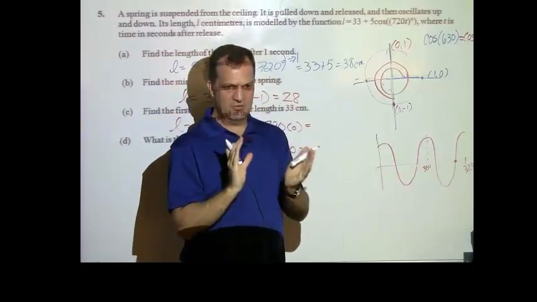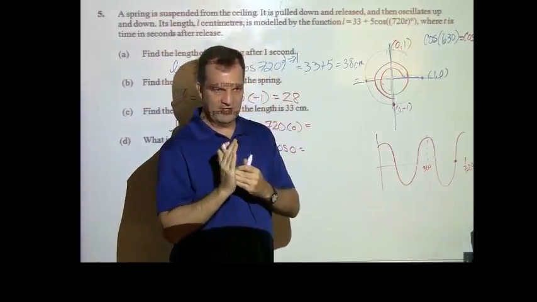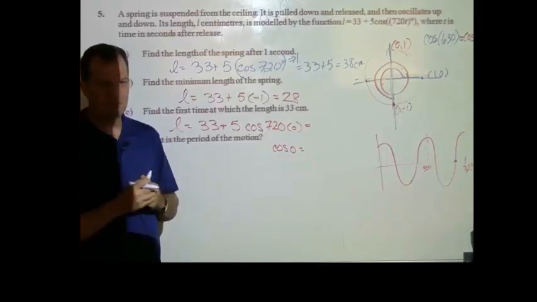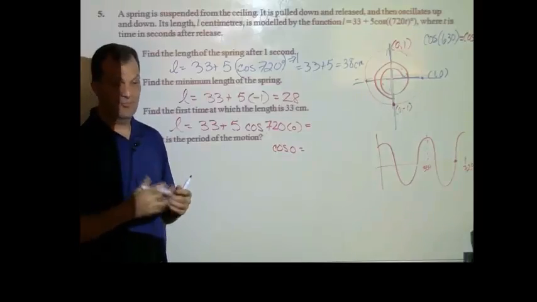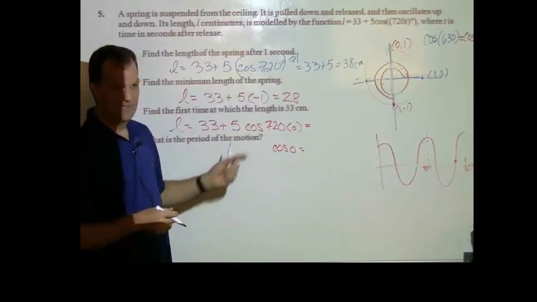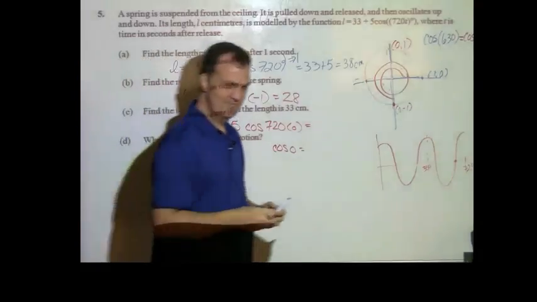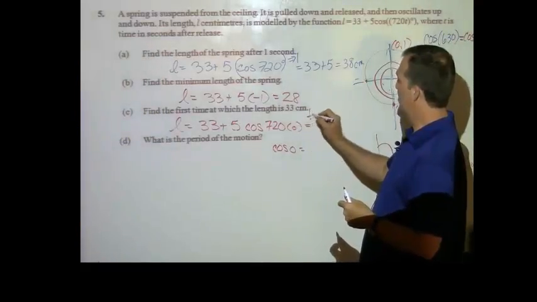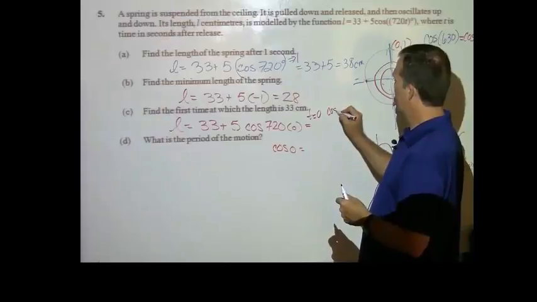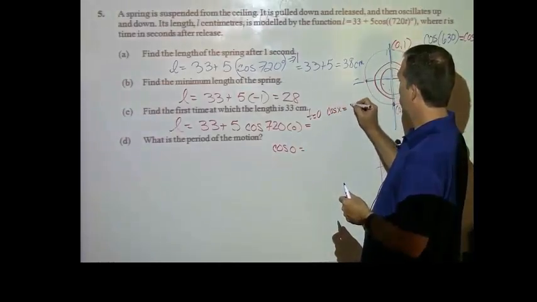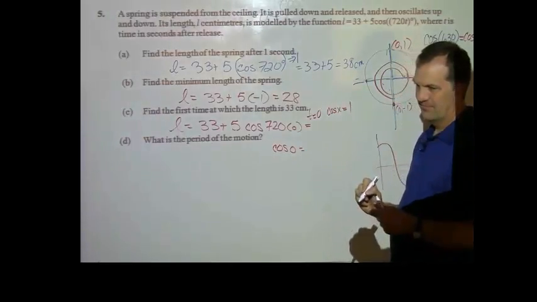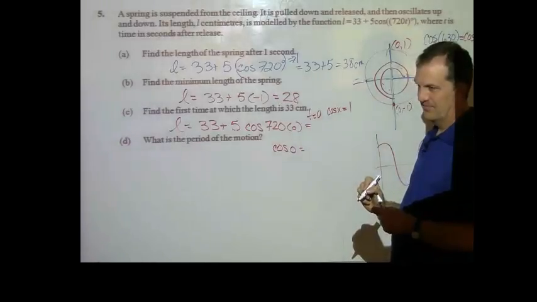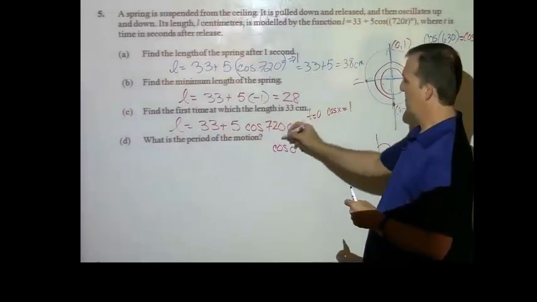So at t equals 0, the cosine of x is 1. That didn't work.